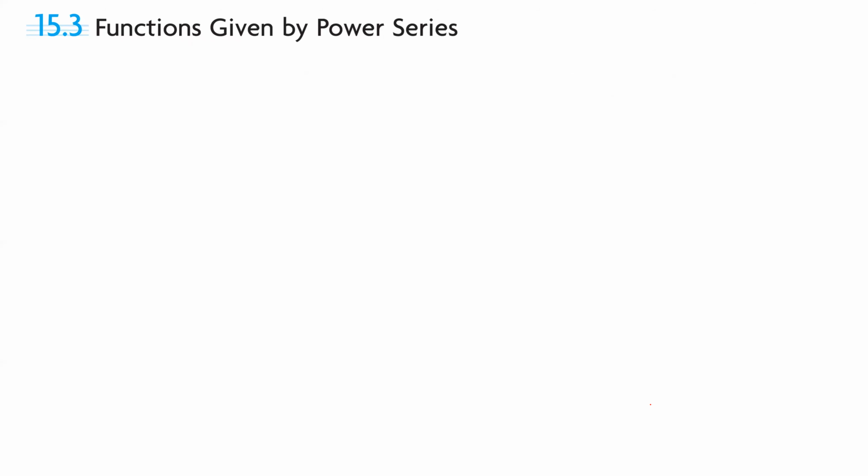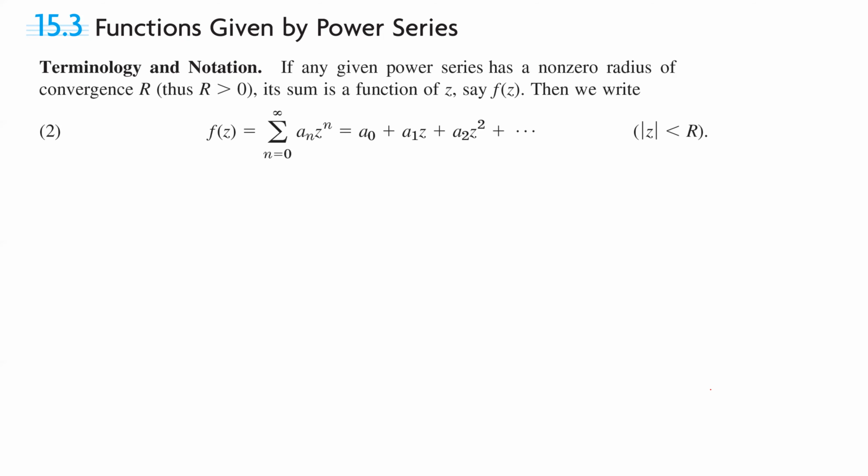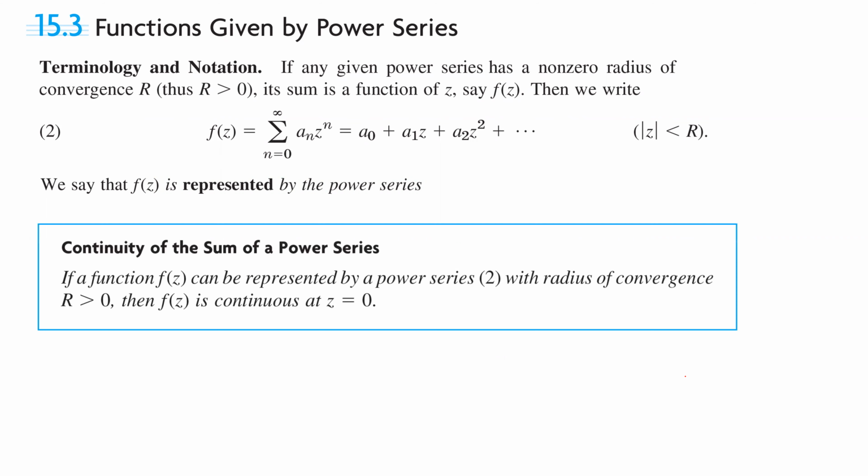All right, functions given by power series. If any power series has a non-zero radius of convergence R, its sum is a function of z, say f of z. Then we write f of z equal to the sum of a n z to the power n. Or we can expand this way. We say that this function is given by this power series, or is represented by power series.